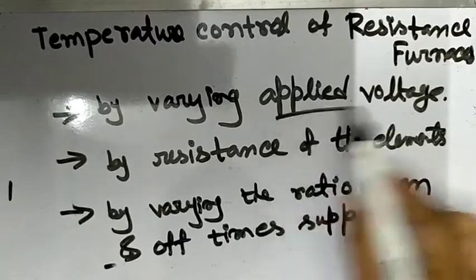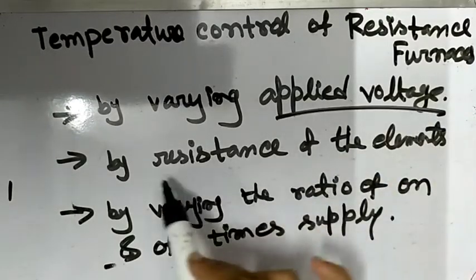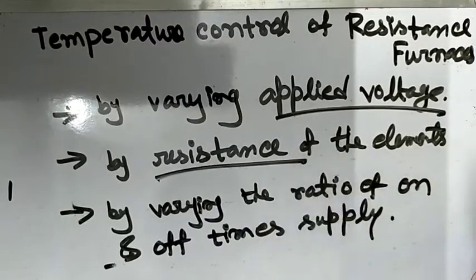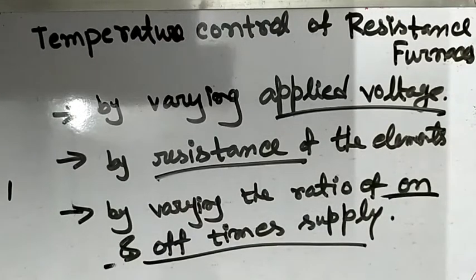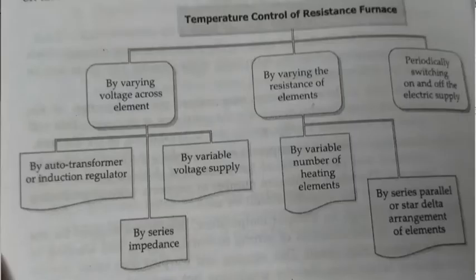So first, by varying the applied voltage, second, varying the resistance, and third, varying the ratio of on and off times of the supply. So we can classify temperature control of resistance furnace into three categories.